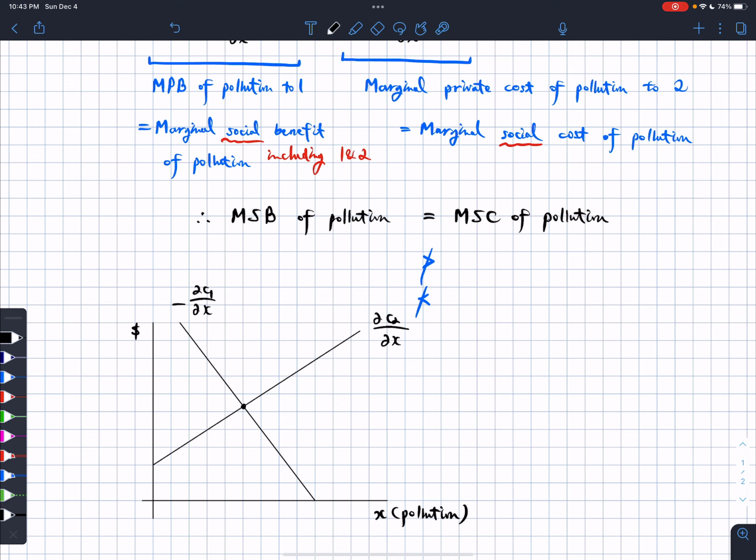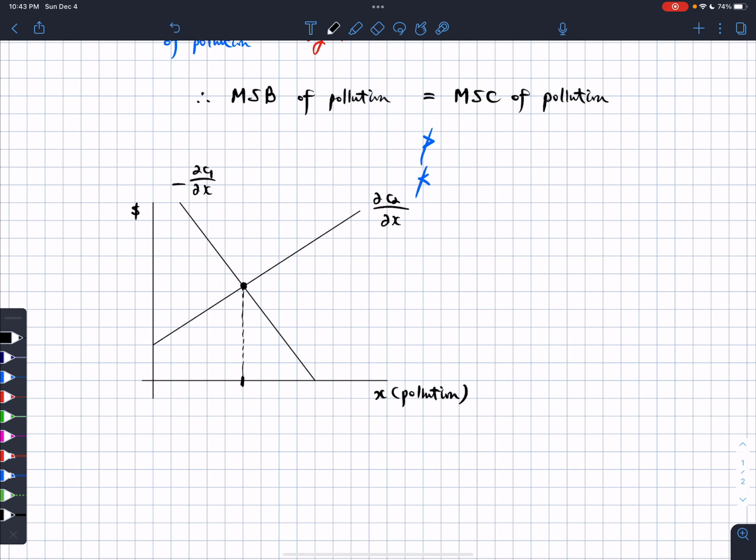So here we have the intersection, and if you go straight down, this will be X double star. This curve is marginal social cost, and this downward sloping curve is marginal social benefit. We want to find X double star, the optimal amount of pollution that equates marginal social benefit with marginal social cost, and they intersect here. That's what happens when the two firms operate as a single entity.